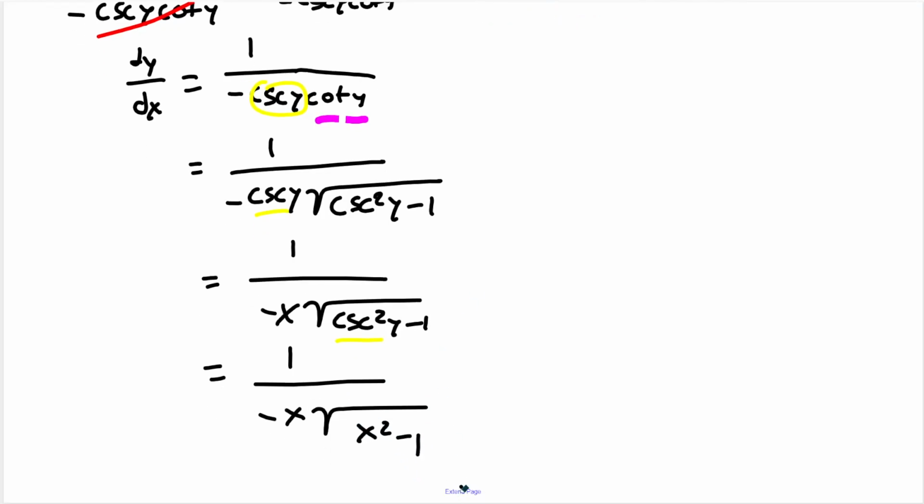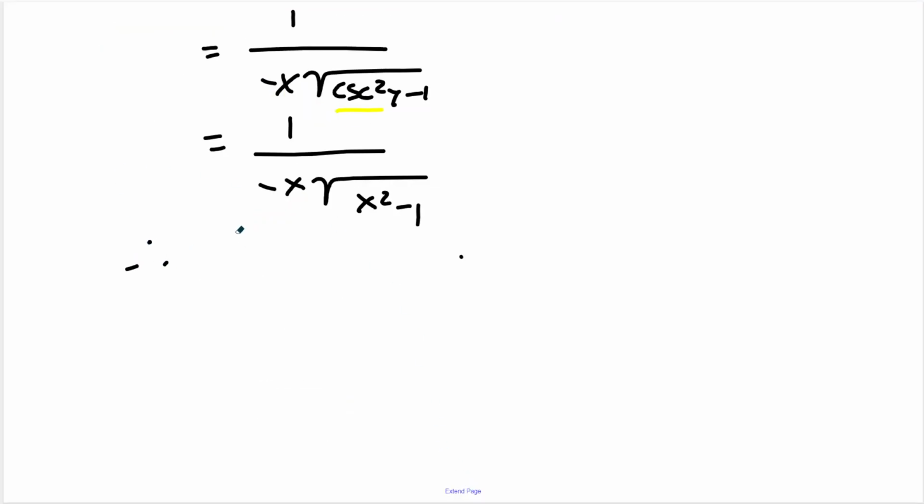Therefore, dy/dx has to equal 1 over negative x times the square root of x squared minus 1. Now, I'm going to write a note here.